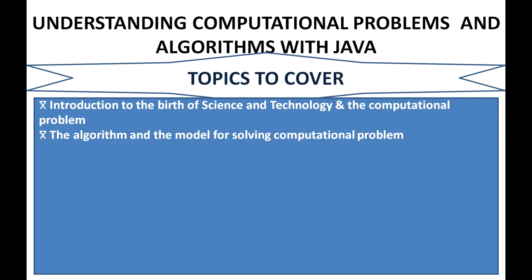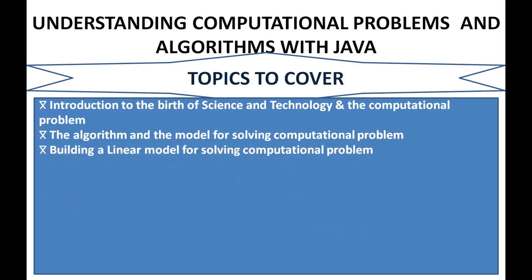As I said before, this course is about understanding the context rather than concept and practice, because we want to find a way of putting ourselves at a certain angle so that we can see the skill sets that we have and match them with the problems that are there in order to solve them. So that is the reason why we are going to look at the algorithm and the model for solving computational problems in the second part.